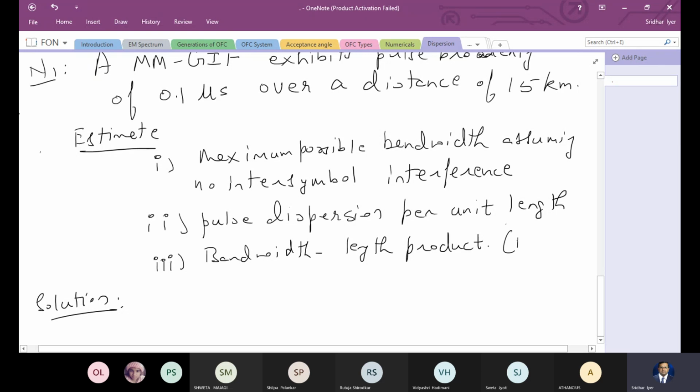In general, this is known as the BL metric. A metric is another word for the parameter which specifies how good the system is. You can have a bit error rate of 10 raised to minus 3 or 10 raised to minus 6 and say whether the system is good or not that good, right? Likewise, we can use the bandwidth length product as well. So let's look at the solution. The first part says we need to calculate the maximum possible bandwidth.